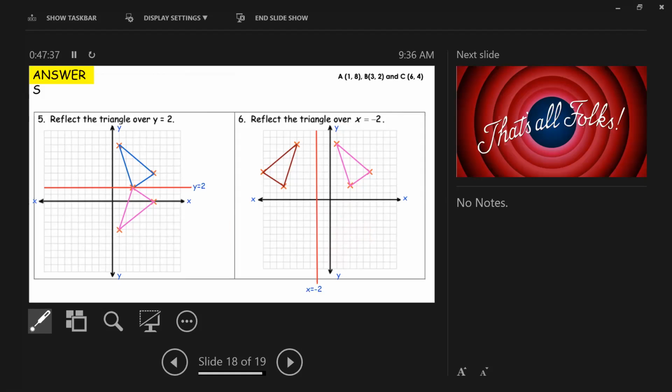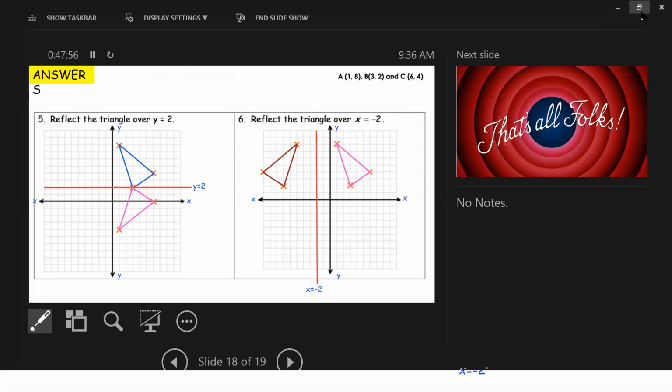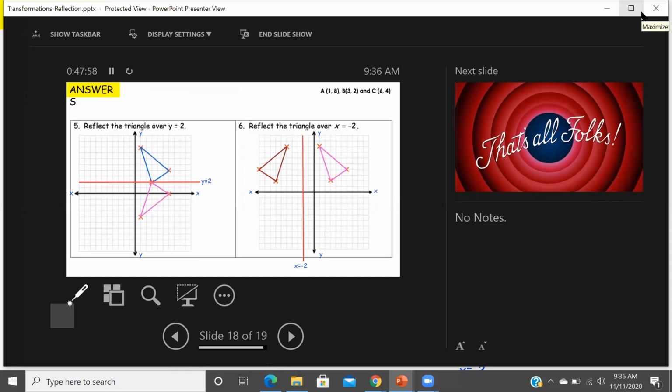All right, so today we are doing reflections still, but we are learning how to do reflections using matrices. Like I told you when we did translations, the translation transformation uses a vector. So you add the vector to the object and you can get your image.